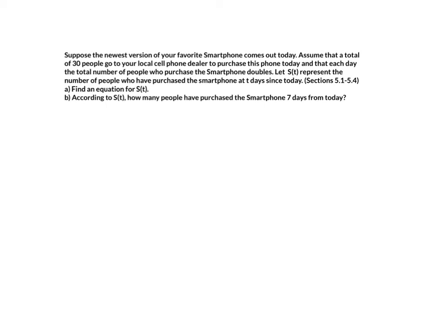So we have our function S of t equals a times b raised to the t. We want to plug in some of these values. What is the base multiplier? Well, it says the total number of people who purchase the smartphone doubles. Doubles means multiply by 2, so that is our base multiplier.